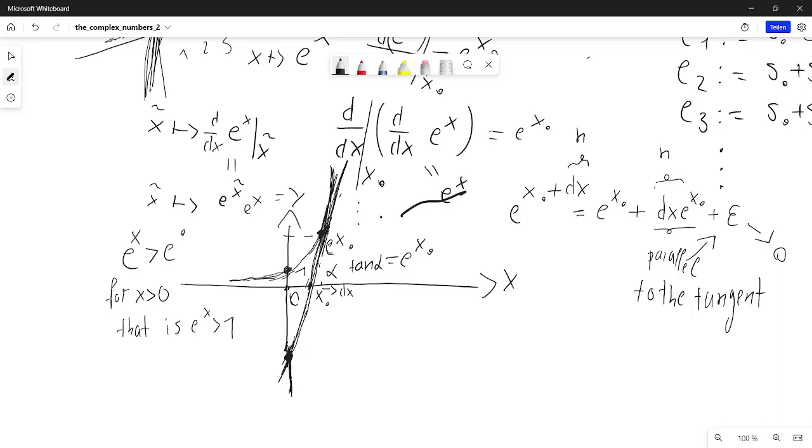That is, our tangent at the entry point x0 is equal to e^x0.